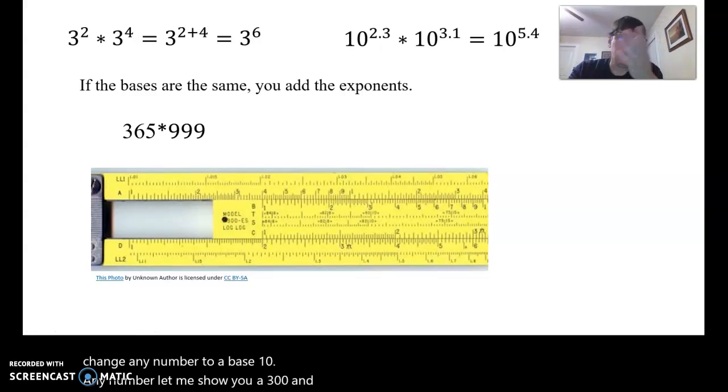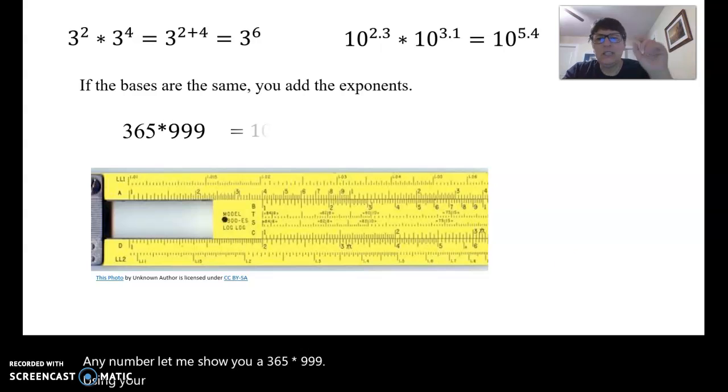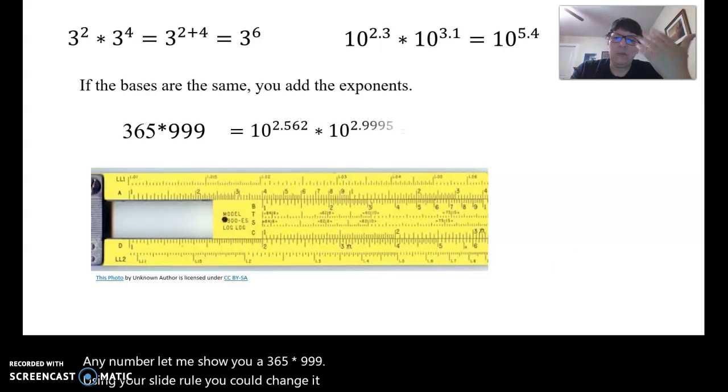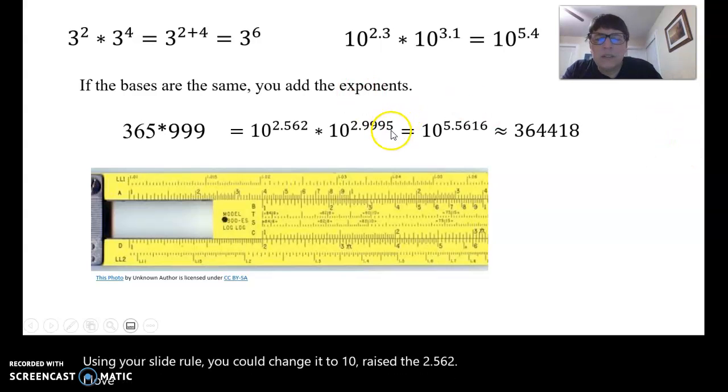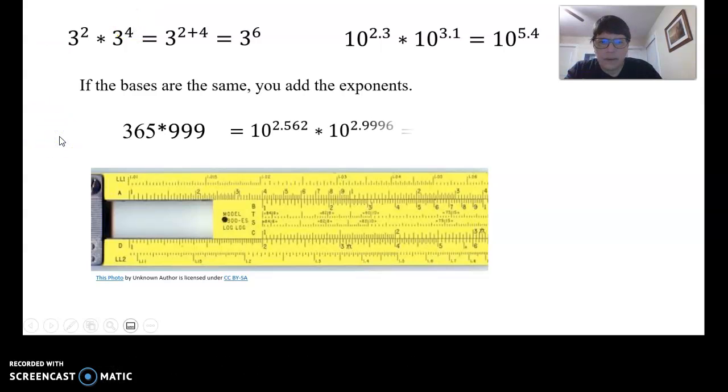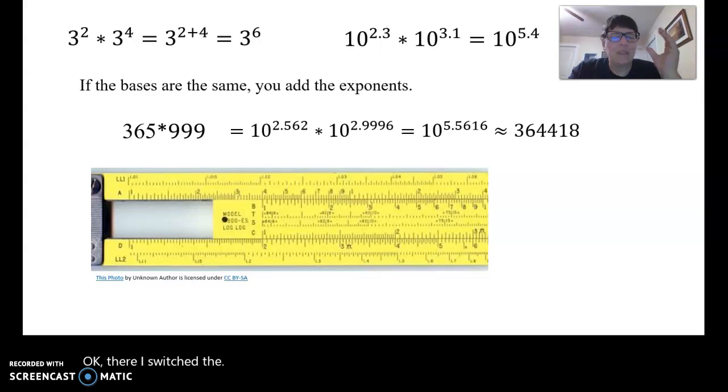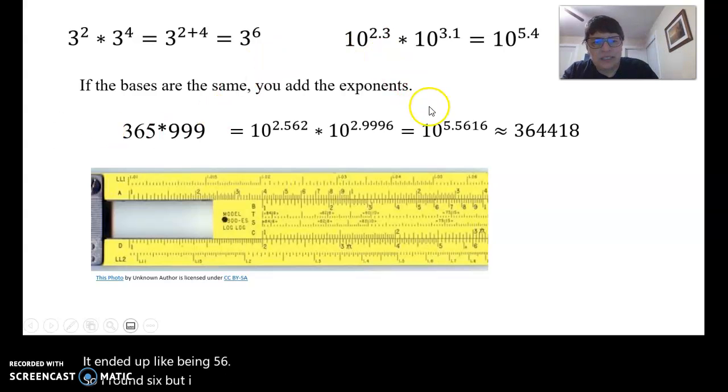365 times 999. Using your slide rule, you could change it to 10 raised to the 2.562. Oh, I left that as a 5 instead of a 6. Hang on. Okay, there. It ended up being 5.6, so I rounded to 6, but I forgot to write it on here.